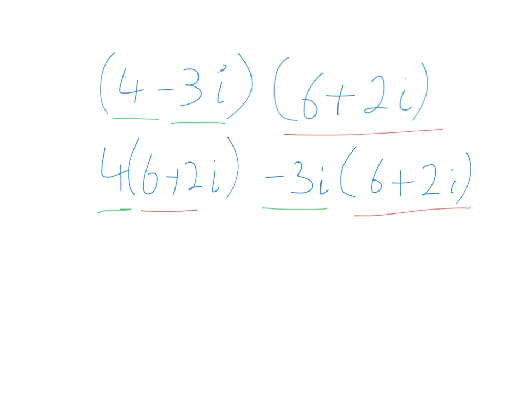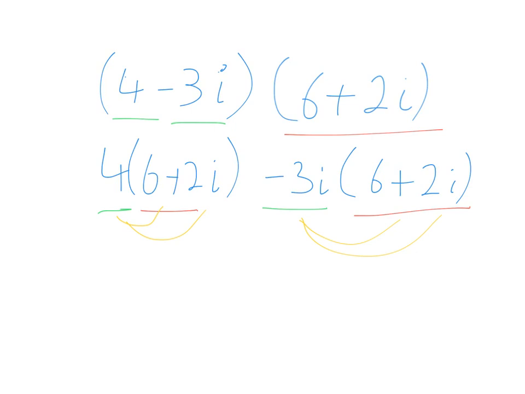Now when we're multiplying our brackets out, we're going to multiply the outside term by the two inside terms. So 4 by 6 and 4 by 2i, and minus 3i by 6, minus 3i by 2i. Again, we know that this one here is going to be the most tricky, because multiplying an i by an i will give us an i squared. So we have to remember how to deal with that.